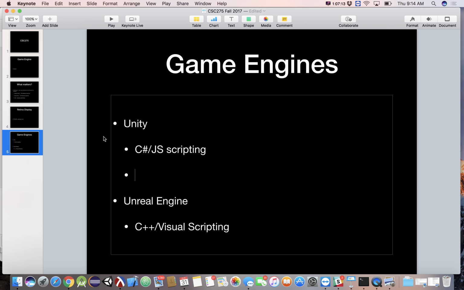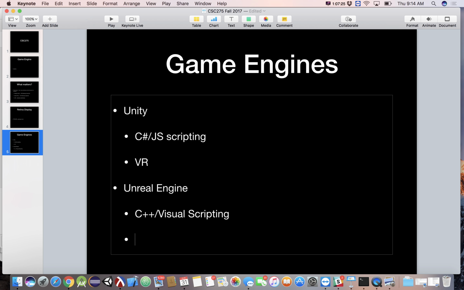Okay, so we think about the different pieces of technology we have here. Unity supports VR. Actually, let's be more specific: we're going to call this SteamVR and Oculus VR.